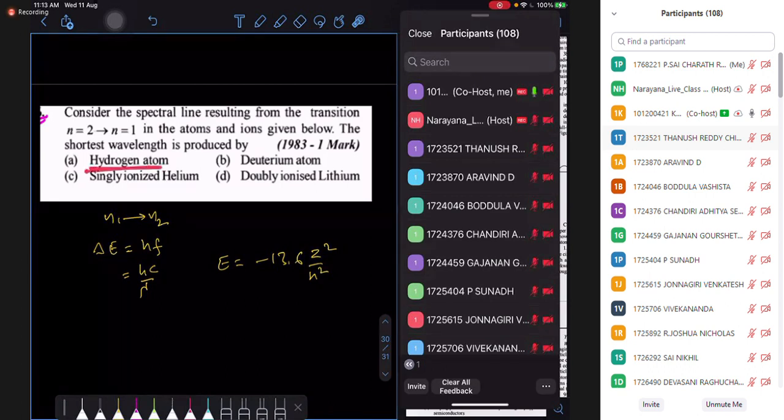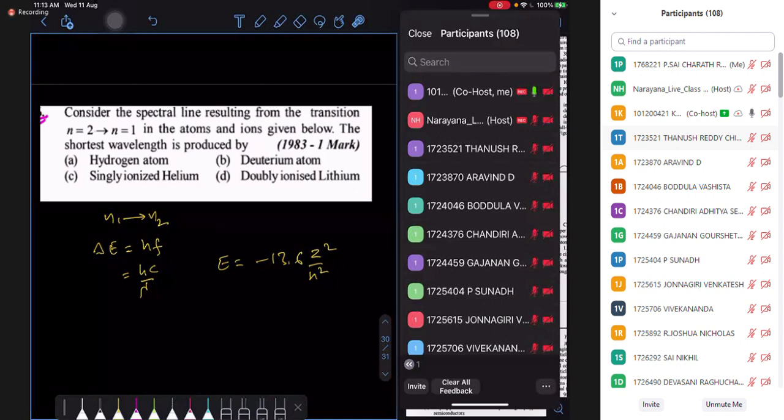For hydrogen atoms, I have a Z value of 1. Deuterium atoms, singly ionized helium atoms, lithium atoms. So I know hydrogen Z is 1, helium Z is 2, lithium Z is 3.